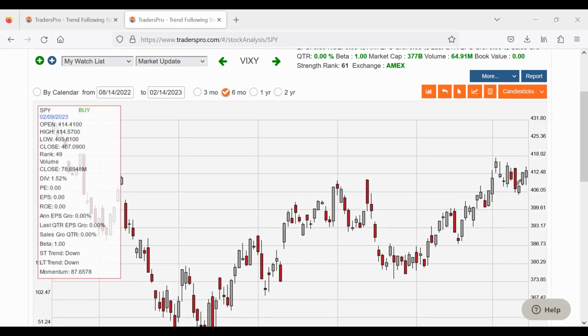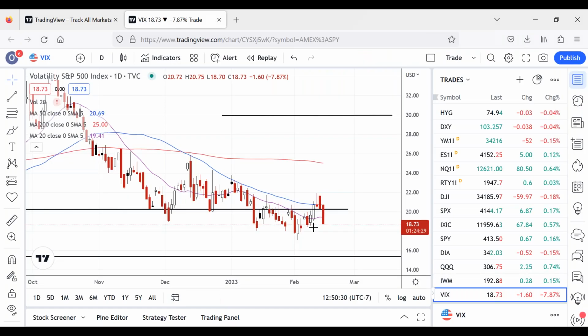Remember, we were talking about that. Then Friday, we had a bullish reversal candle right there, right at what could be the bottom of a wave C, and we had a bearish reversal candle right here on the VIX.